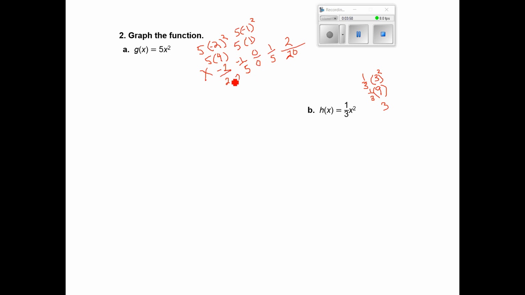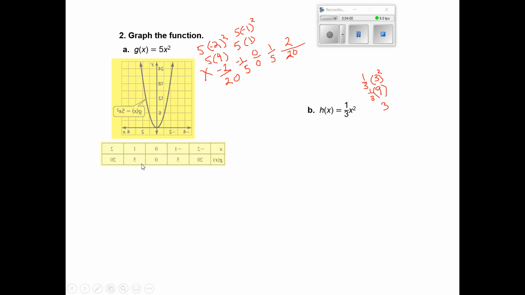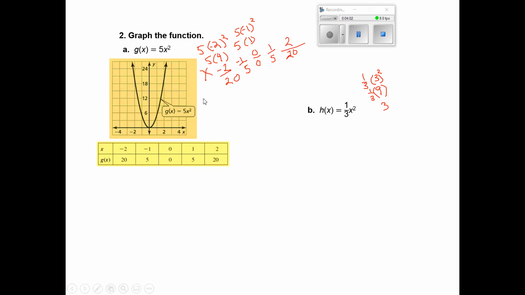Now we can make our table, and you'll see in our table we have -2 is 20, -1 is 5, 0 is 0, 1 is 5, and 2 is 20. Now we can plot those coordinates, right? And when we do, we see we're going to have a parabola here, okay?